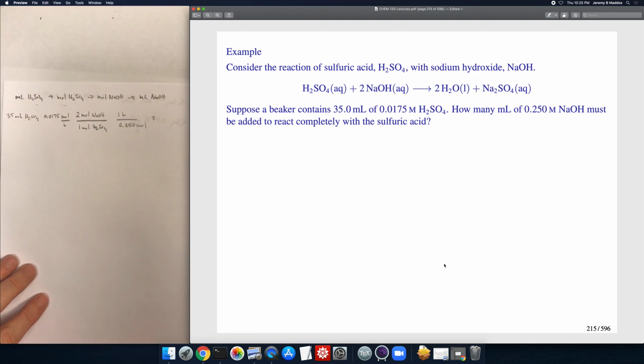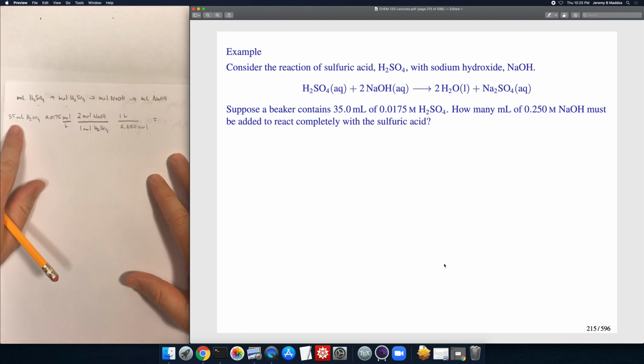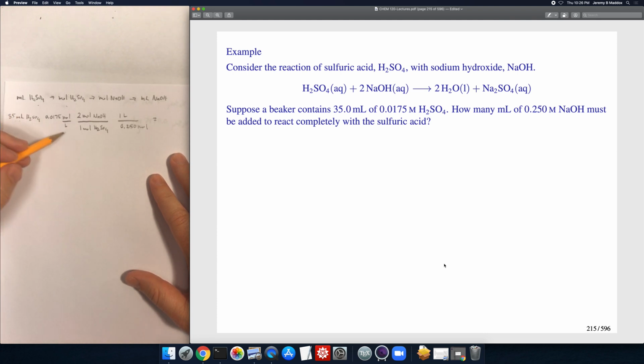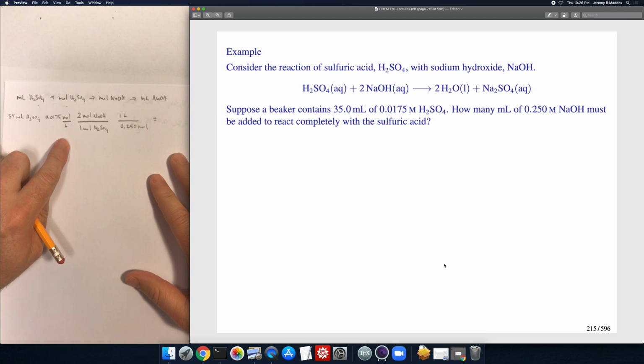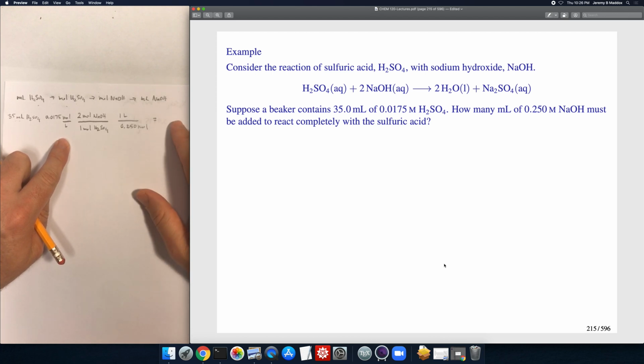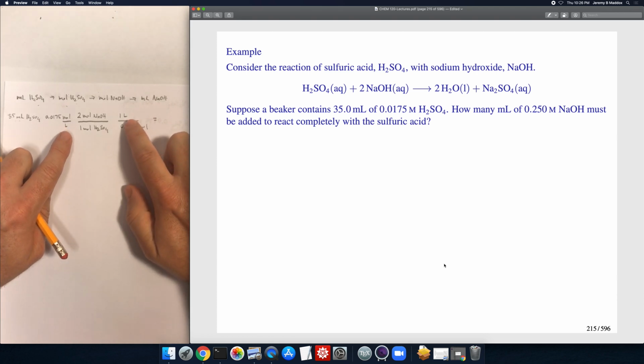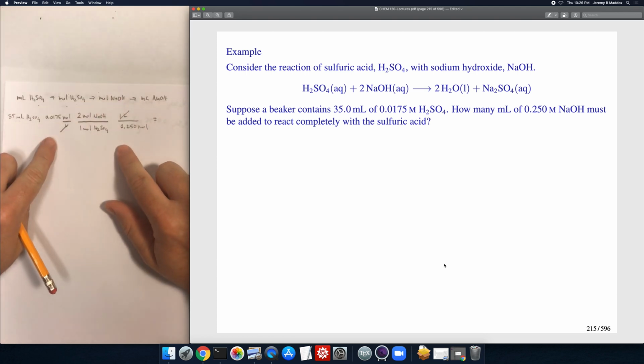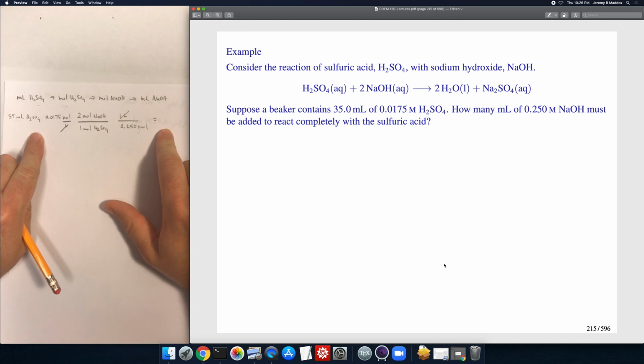Now take a quick look at the units. Notice that I'm starting with milliliters here, but I'm multiplying by moles per liter there. You might think that that's a unit mismatch, and it is to some extent. However, the problem wants the milliliters of the sodium hydroxide solution, but if you look carefully, you'll see that the liters are actually canceled here and here, so my answer will automatically be in milliliters.